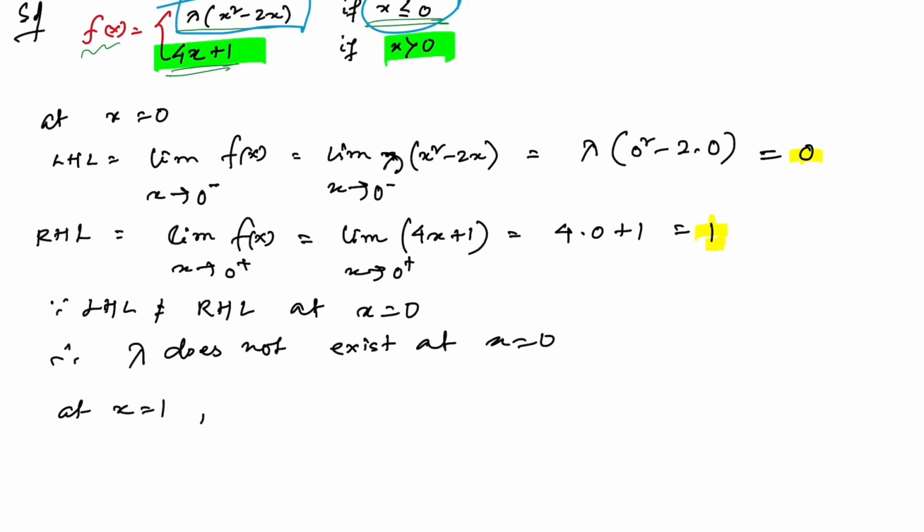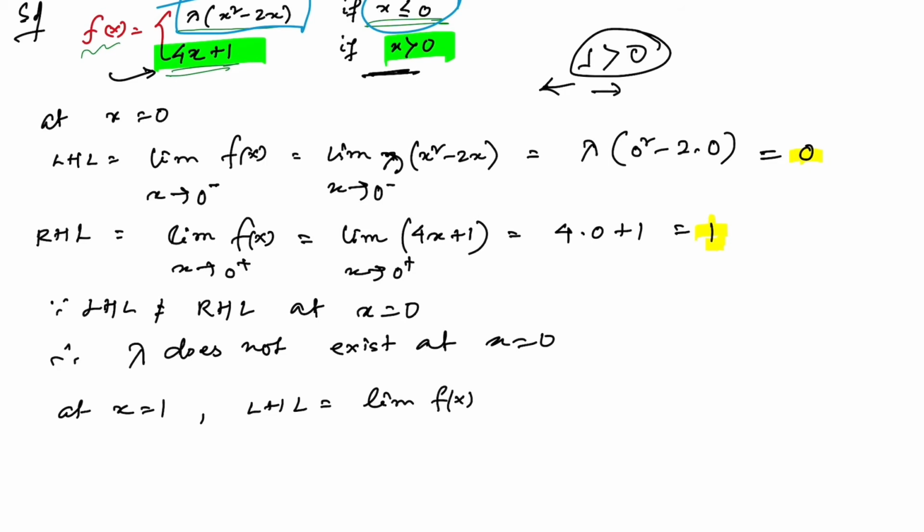So at x is equal to 1, let's find the left hand limit. Here you see 1 is greater than 0. It doesn't matter which limit you find, left hand limit or right hand limit. For x greater than 0, it is always going to be 4x plus 1.